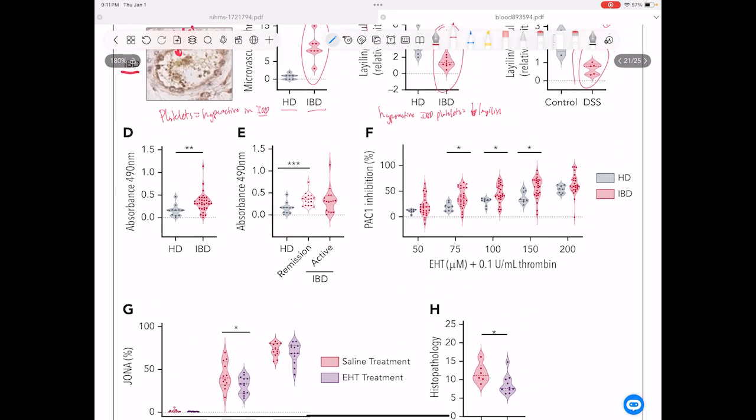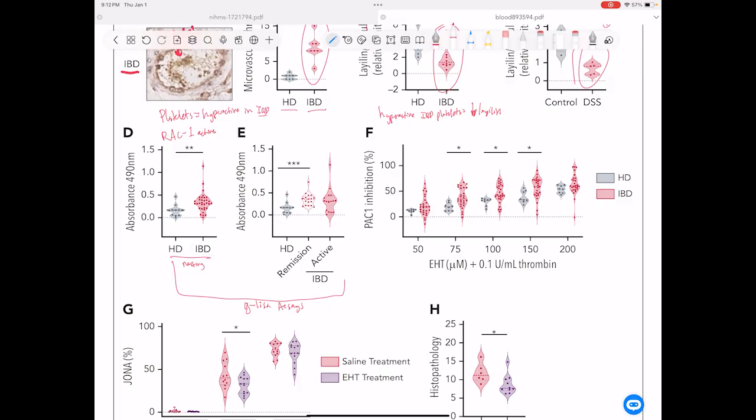All right. So we have D and E. These are G-LISA assays again. And this is measuring the active form of RAC1. And these are all in resting. It was going to be hard to do this specific experiment if you activated it with thrombin.